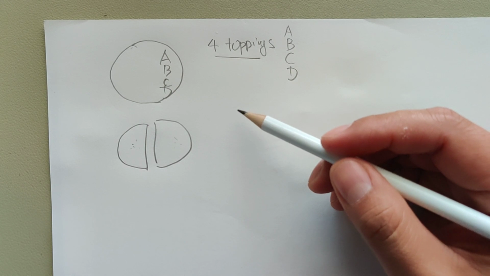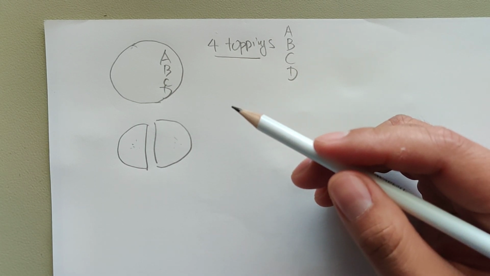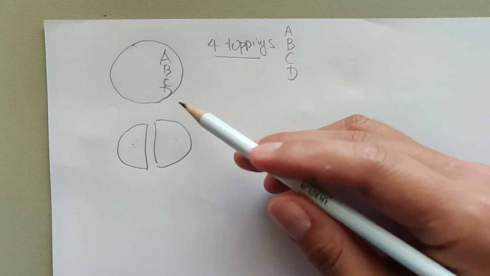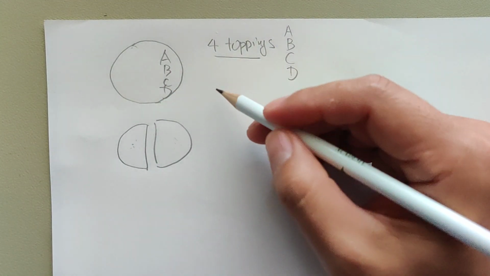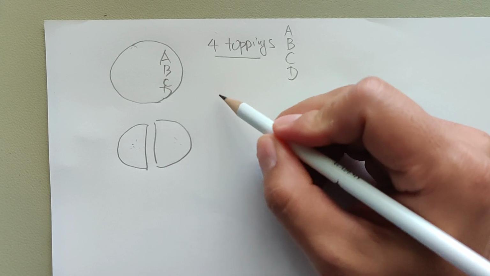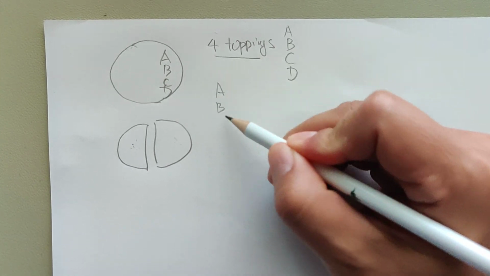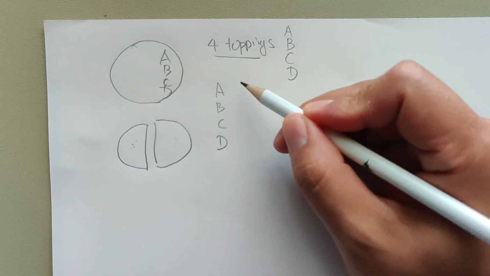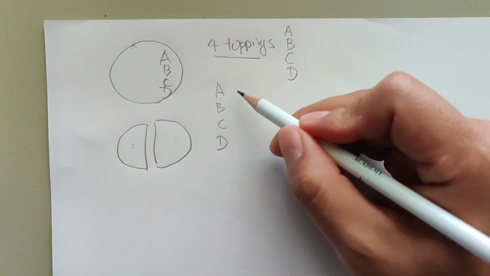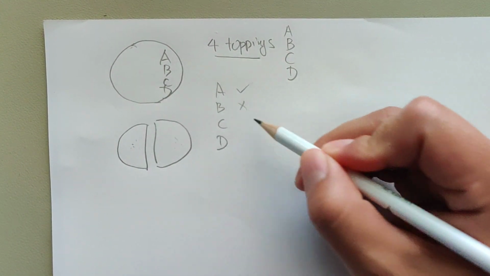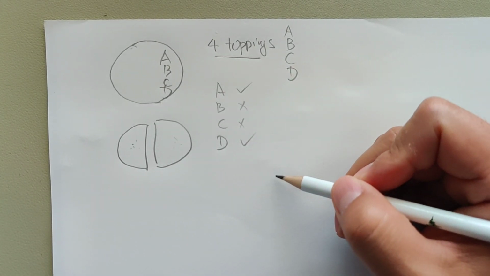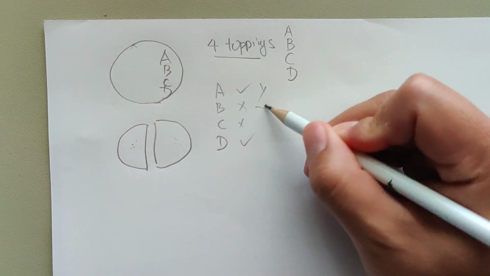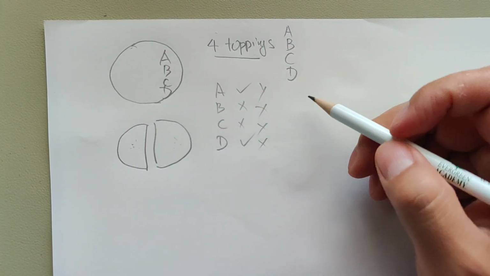Well, think. The toppings, they could be on, they could be off, right? So like A, B, C, D. Let's ask a customer and say, I like A, I don't like B, I don't like C, I like D. So that's like 1. Or you can also say, no, I don't like any toppings.